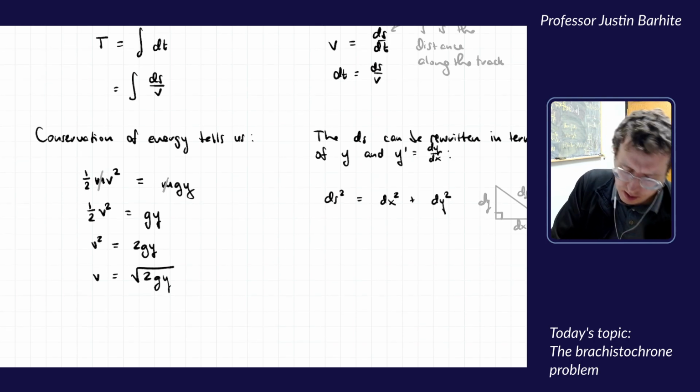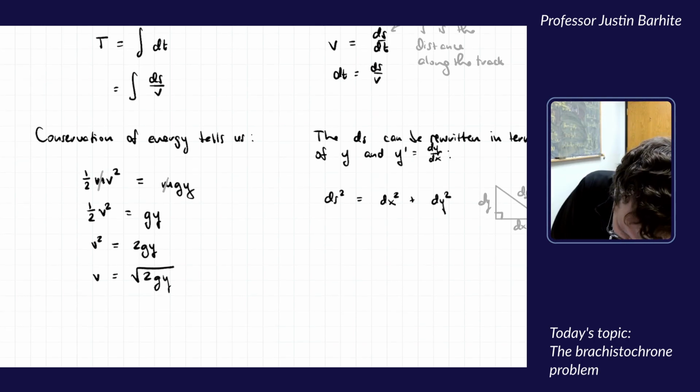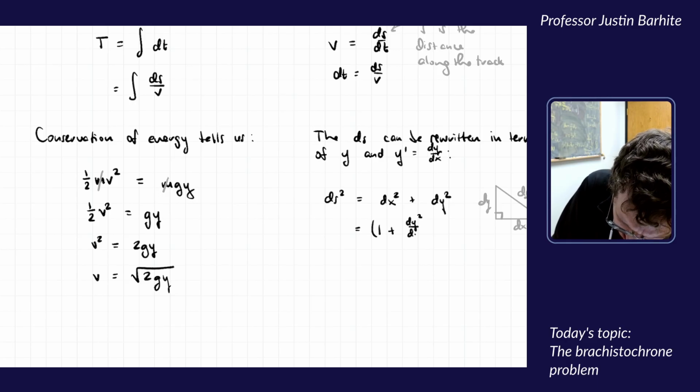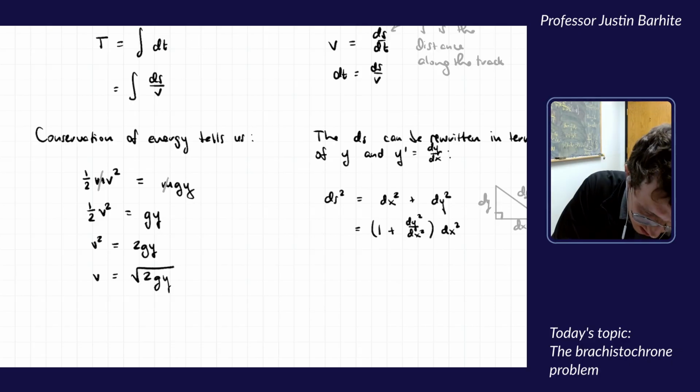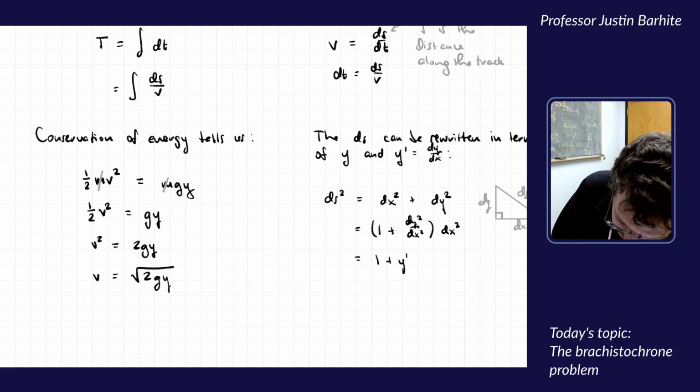And then I'm going to factor out a dx squared on the right side. And actually I can just write this as (dy/dx) squared. Hang on, let me rewrite that in the next line. And actually that's just y prime squared.